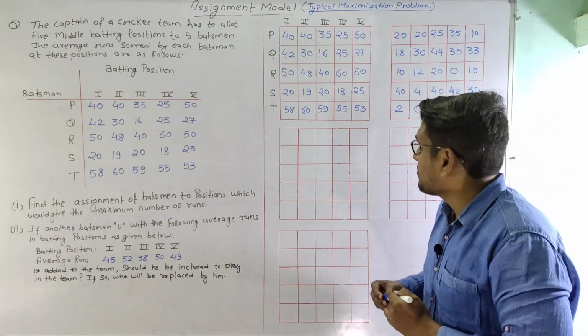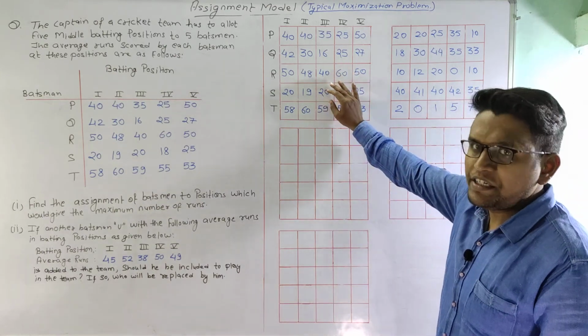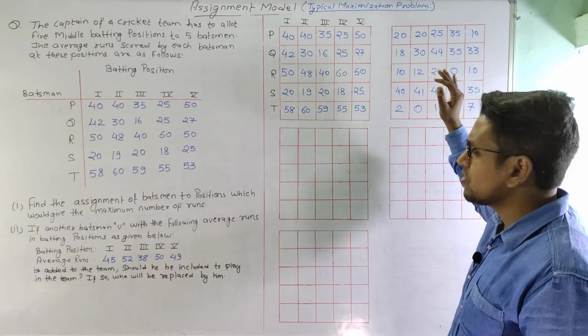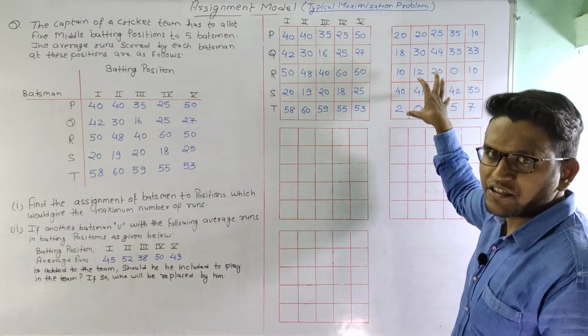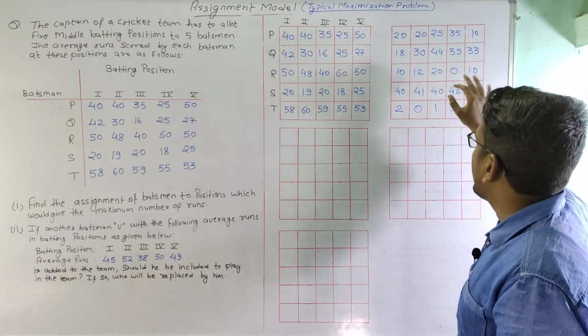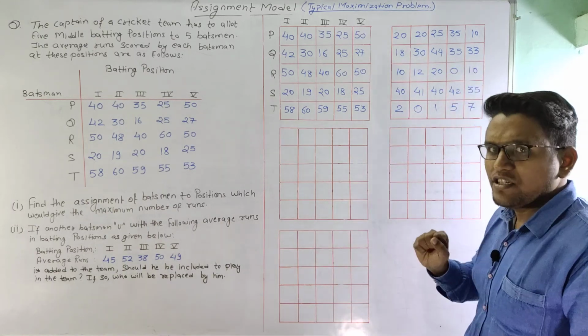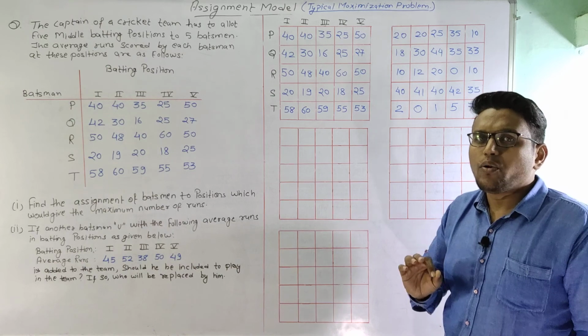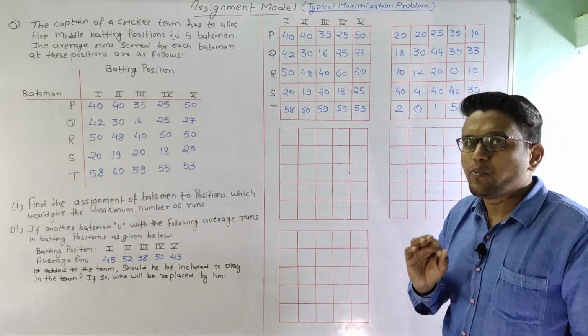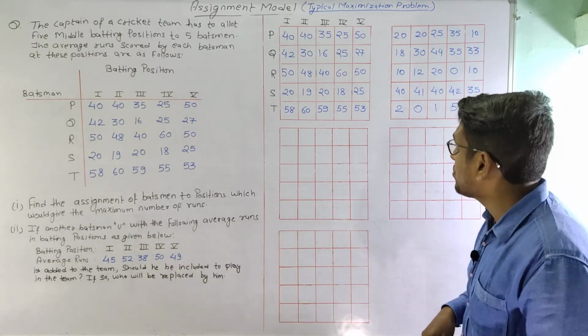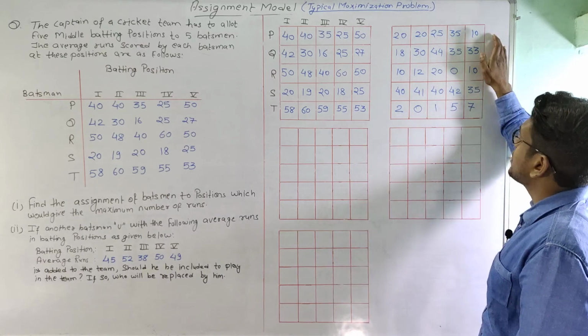So here we have converted the maximization matrix into minimization form, because we always solve for minimization in the assignment model. Now we need to reduce this matrix in such a form that each row and each column has at least one 0. In order to do so, first we will do row reduction.